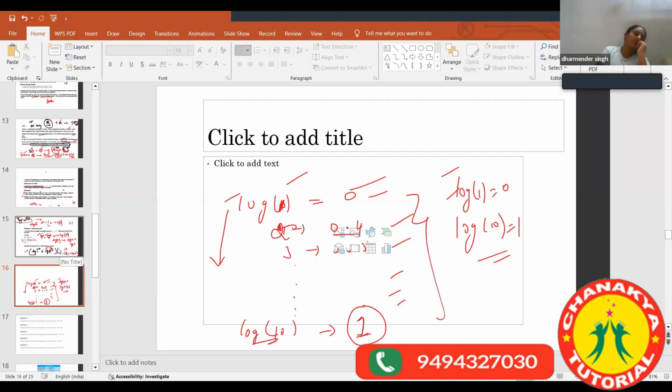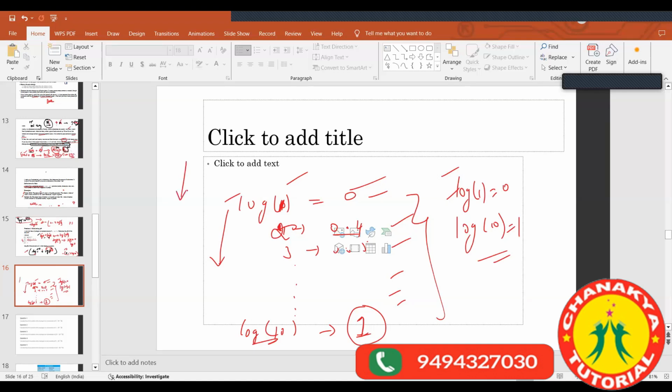Logically, the log always keeps on increasing, so log 20 value will surely be more than 1.